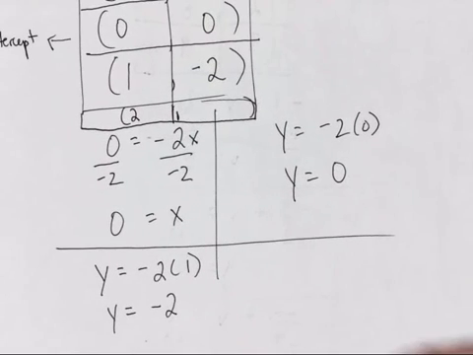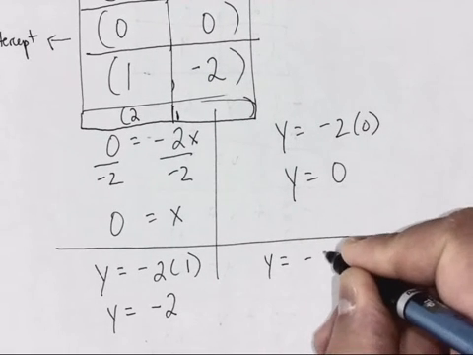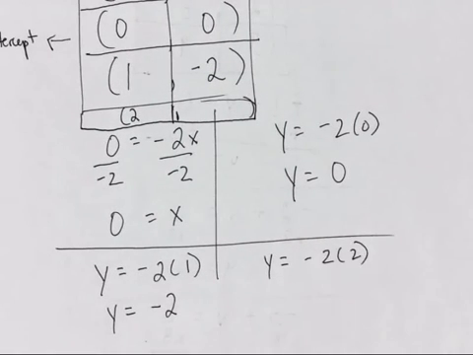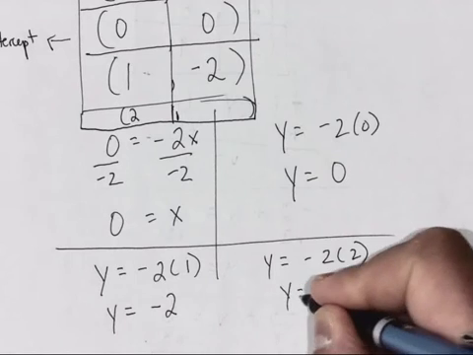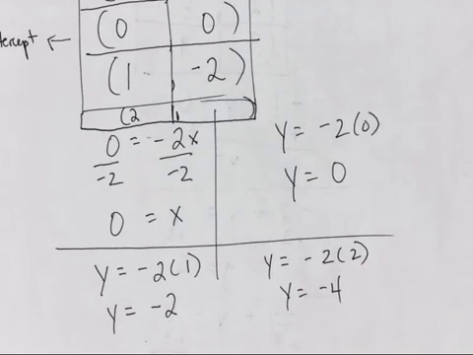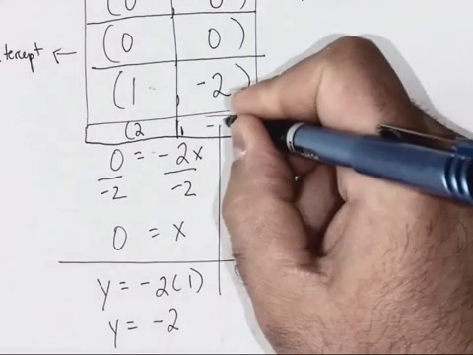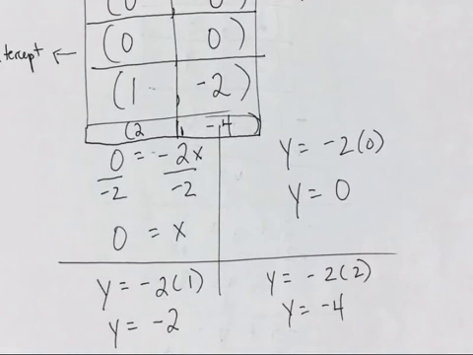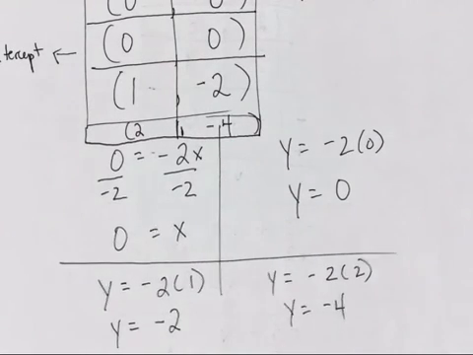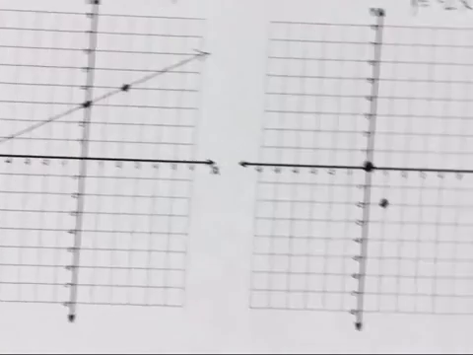So if I plug in y equals negative 2 times 2, I get y equals negative 4. And of course, that matches with 2 to give me my ordered pair. So 2, negative 4 should be on this graph.